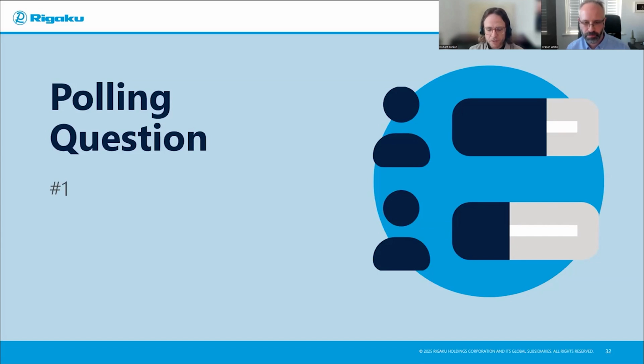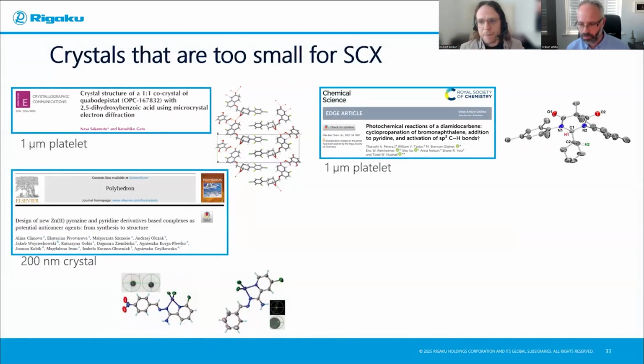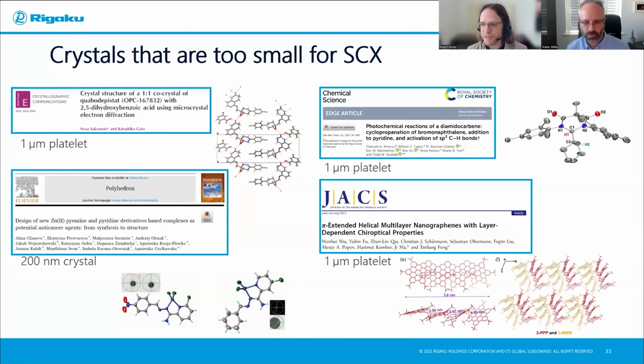So if I go to the different use cases of electron diffraction, the most straightforward answer to what you need it for is just crystals that are too small for single crystal X-ray diffraction. And thanks to the stronger and more gentle interaction of electrons, you can just solve them. This is something you can observe all the way through a lot of different sample classes, like we see here. Here's a one-to-one co-crystal.